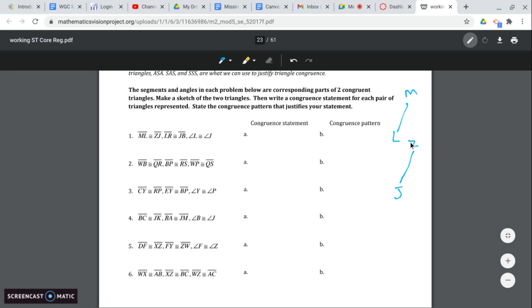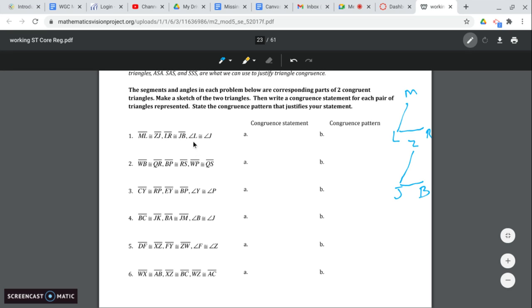So ML, ZJ, and make sure they're in the same corresponding parts. So Z is at the top, M is at the top. They're the ones that go together. Now we have another side that's LR is congruent to JB. So we go from the L and we're going to go over and make R. And then we're going to go to the J and we're going to go over and make B. There we have our other side.